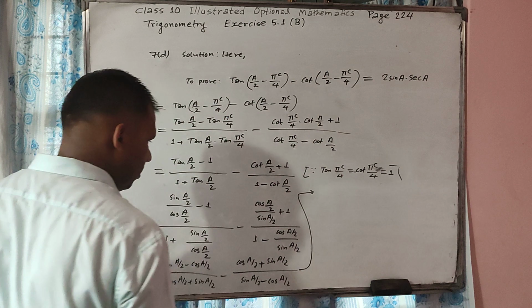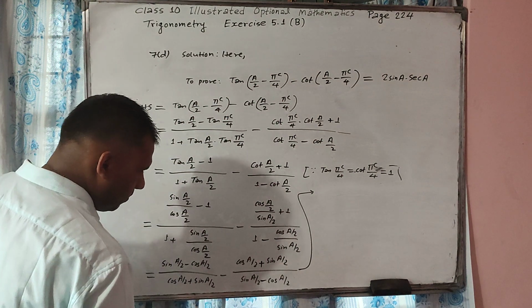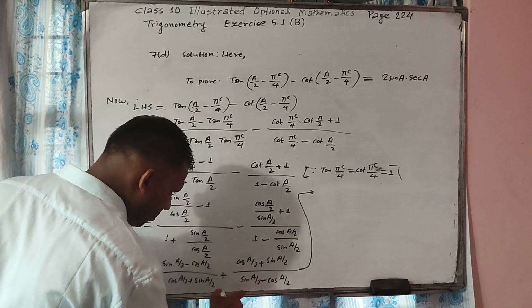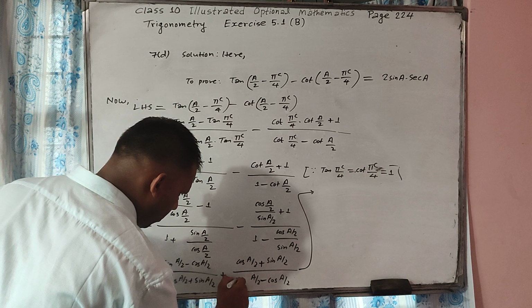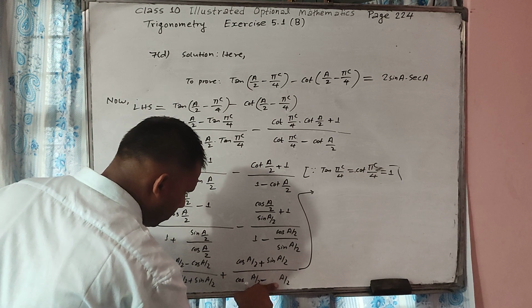Here we can take this sin a by 2 plus cos a by 2, minus sin a by 2.